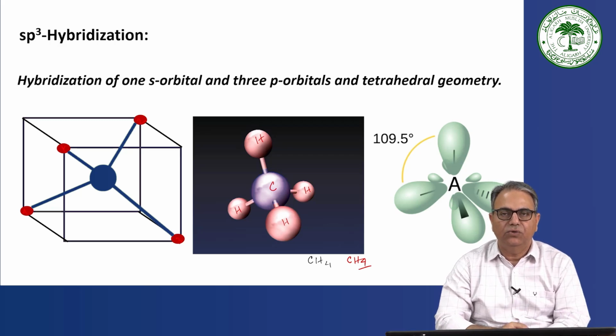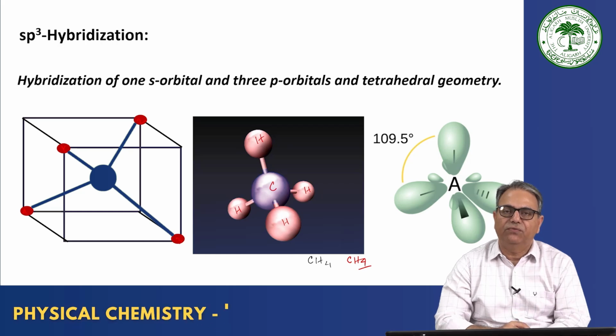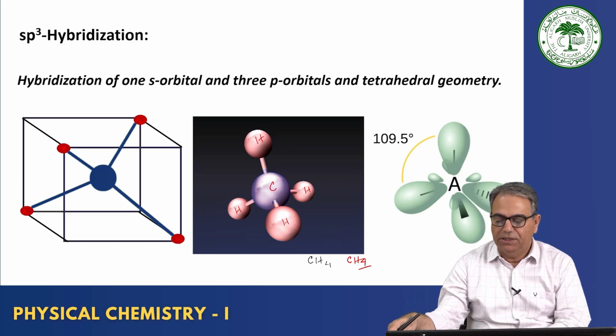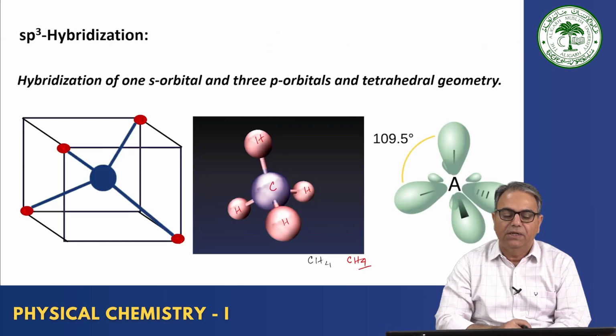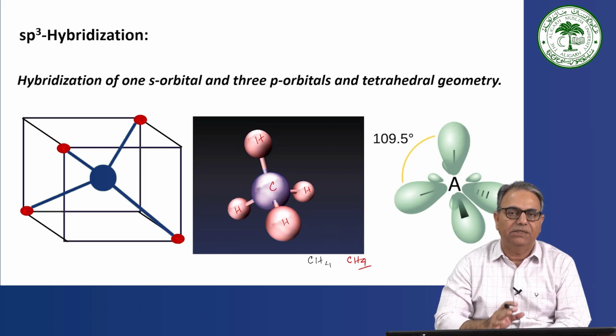So this structure is known to you, the angle is known to you; the wave function we will try to find out for this sp3 hybridization, and again the coefficients you will have to find out. What we can do is suppose that in all the hybrid lobes the contribution of the p orbital is equivalent. This is an assumption.